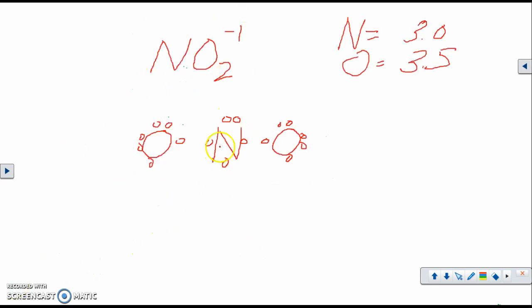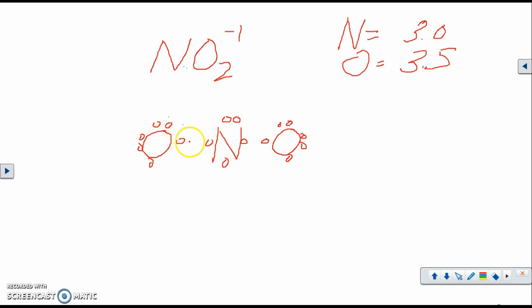So here we have another example. In this case, this is the actual nitrite ion. So there's 1 nitrogen and 2 oxygens. Here in this case, there's a -1 charge, which means there's an extra electron hanging around somewhere. So one of the things is we need to, first of all, add that electron right away to one of these 3 atoms.